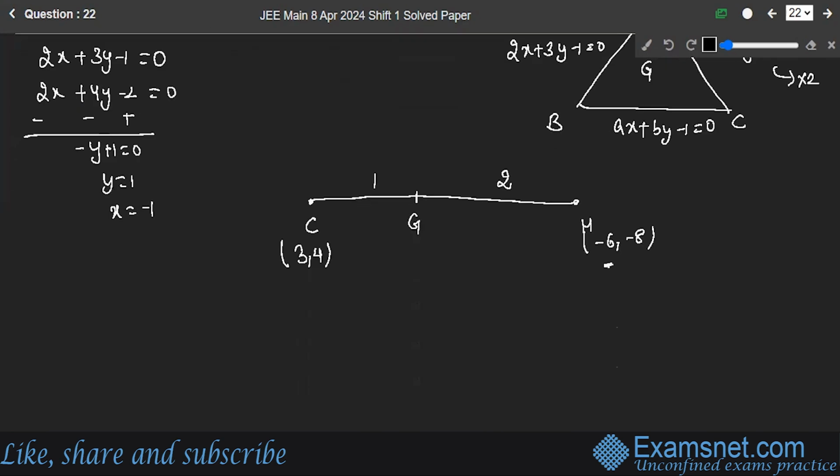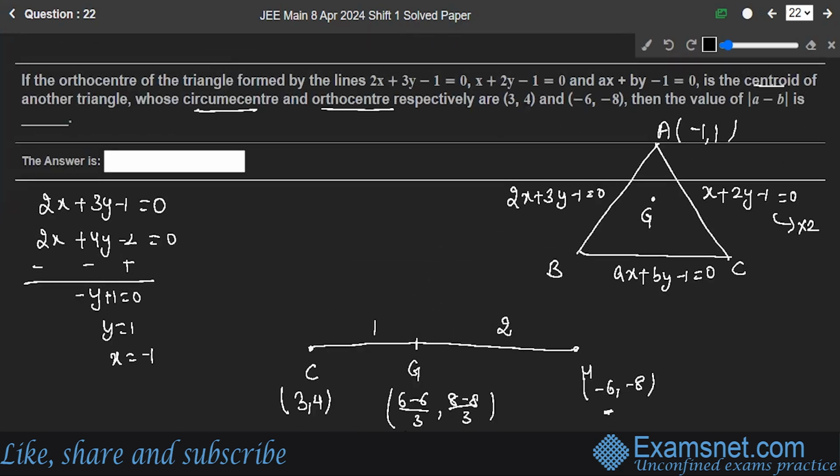According to that, I can find out the coordinates for G. So this will be given by (2 into 3 minus 6)/3 and (8 minus 8)/3. So that means this centroid lies on the origin. This centroid was the orthocenter for this triangle ABC. That means I got the coordinates for G.